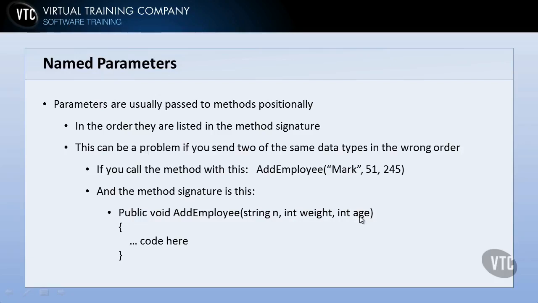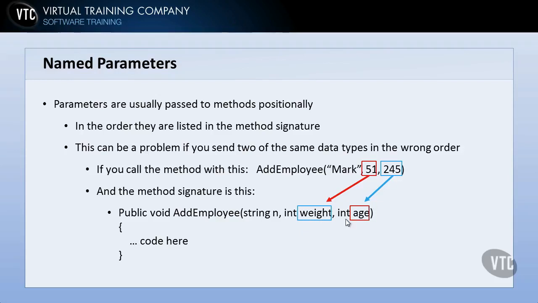Now notice what's happened in the way I've coded this up. I have transposed the age and the weight. Could this bring about some pretty interesting situations? Well, yes, because the 51 argument is going into the weight parameter, and the 245 is going into age.